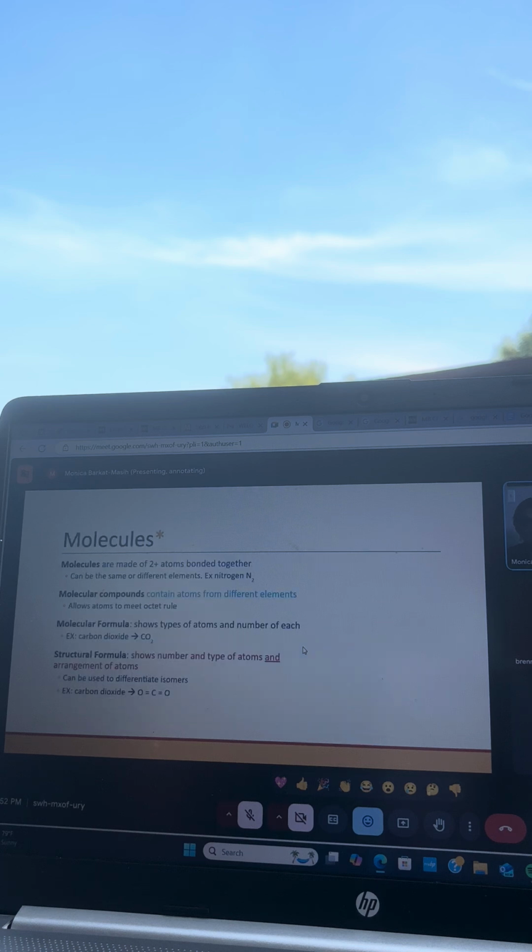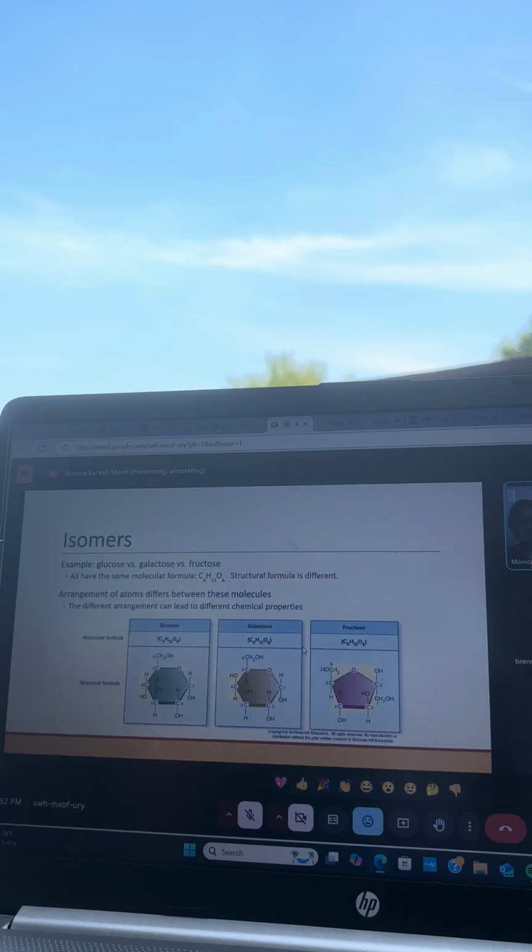Okay, so what are isomers? Like we talked about isotopes, what are isomers? Molecules that have the same molecular formula but different structures.